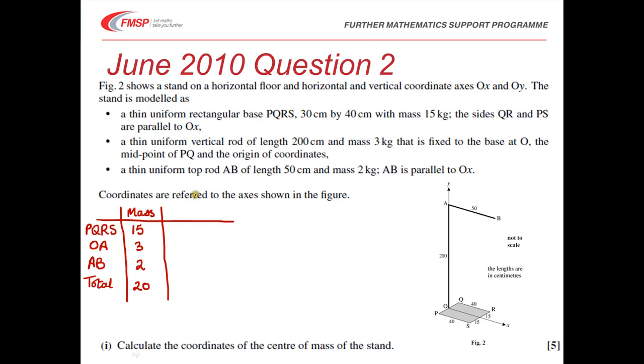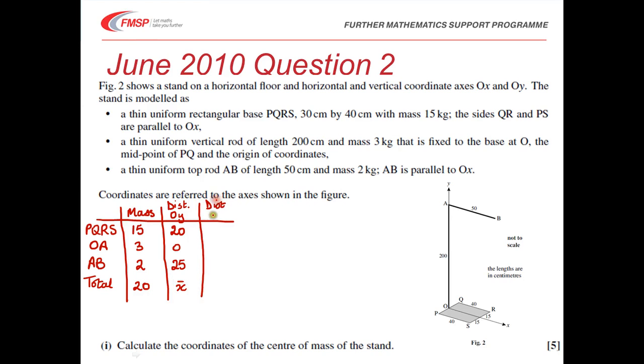I'm then going to put in the next column, which looks at the distance of the centre of mass of each section of the composite body from a particular axis. The first version I'm going to put in here is the distance of the centre of mass of each of the objects from the axis OY. So PQRS, that rectangle at the bottom, is going to be 20 by symmetry. The vertical is actually on the axis, so it has 0 distance, and the horizontal section at the top, again using symmetry, is going to be a distance of 25 away from that axis.